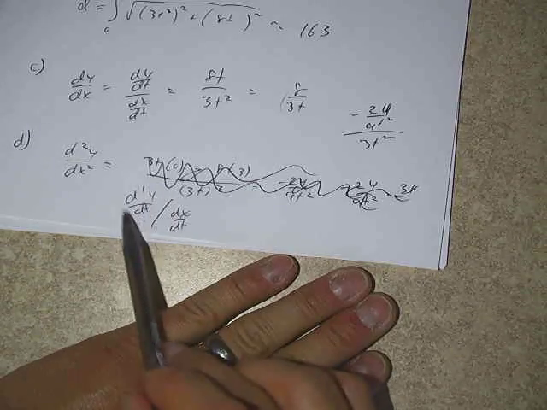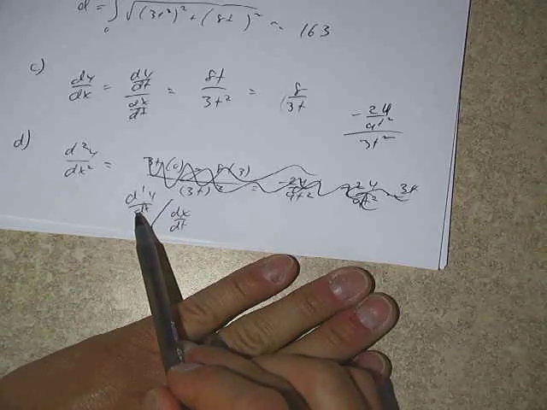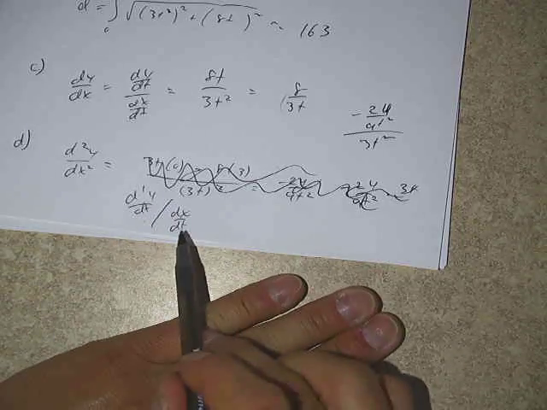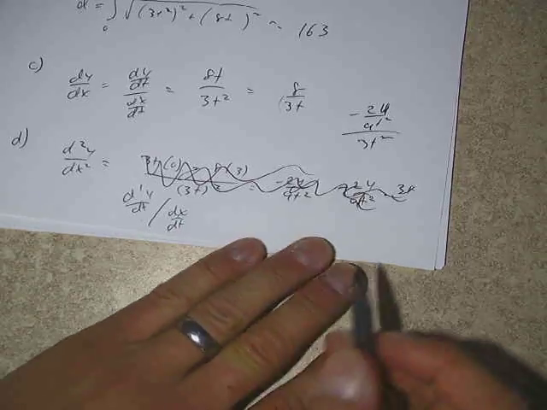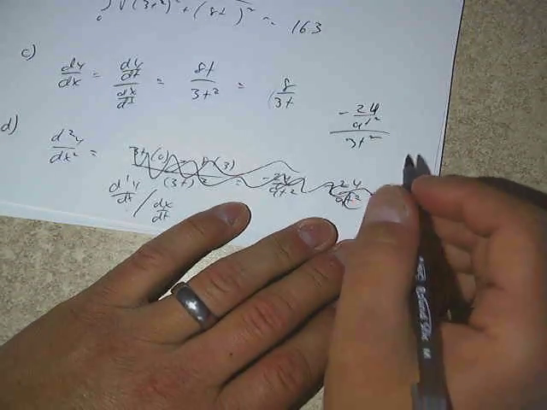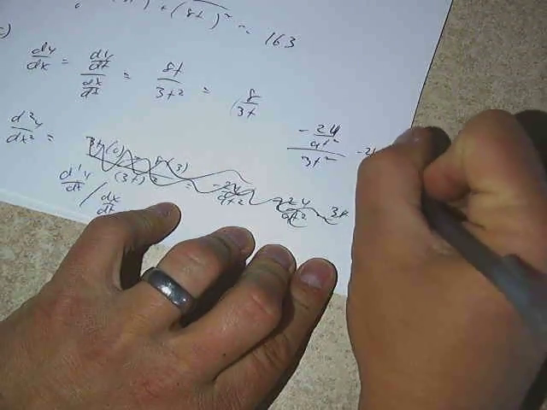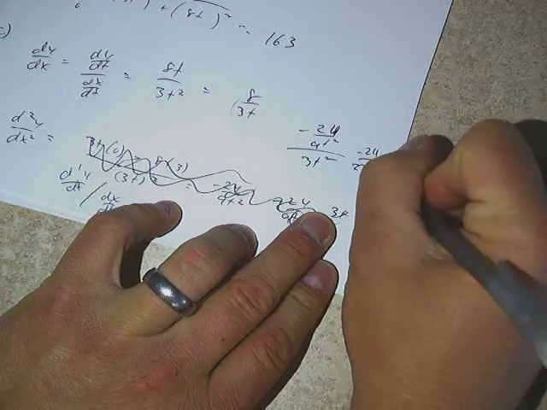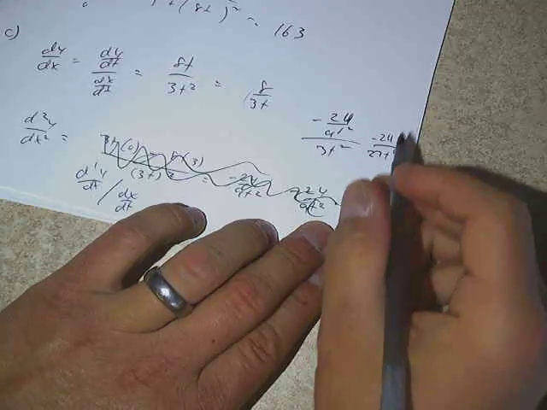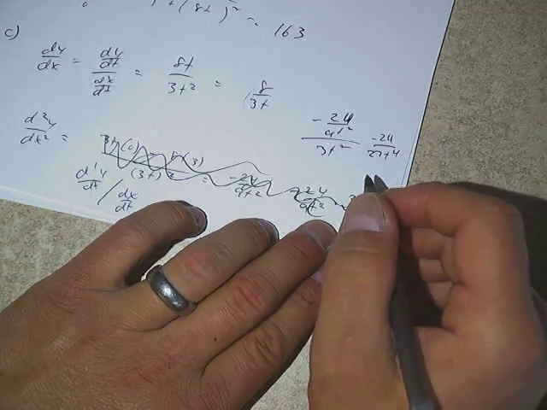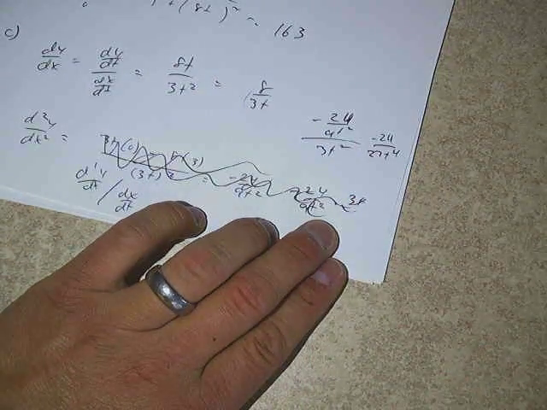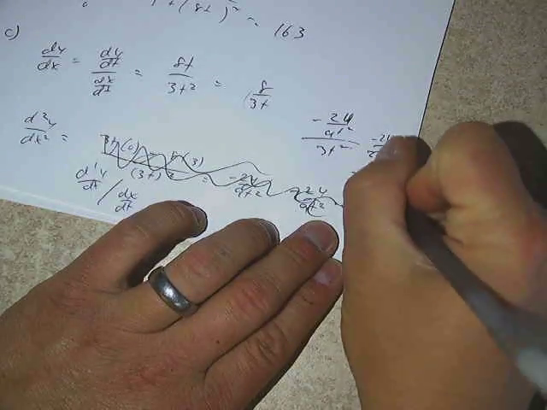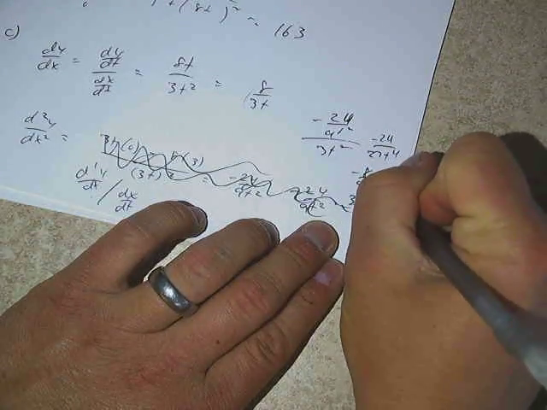So in review, that second derivative is always going to be the derivative of what we just found. The notation's kind of weird here with the d prime y that they use, but bottom line, this just represents the derivative of what we just found divided by dx/dt. If we do the math on that, we wind up with negative 24 over 27t to the fourth.